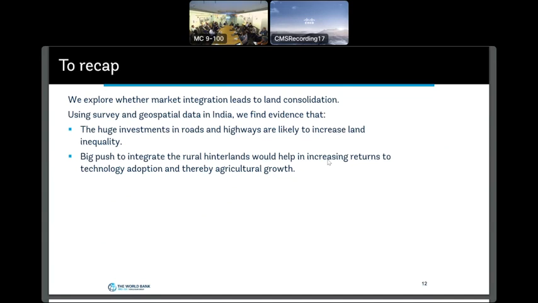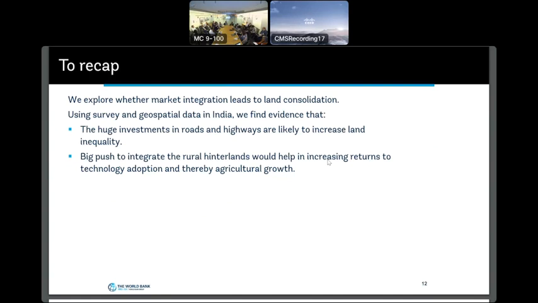The second reason is that for India, there are also papers which show that there are too many little farms. And if you do consolidate, that would actually increase agriculture productivity, even without the technological change or investment.